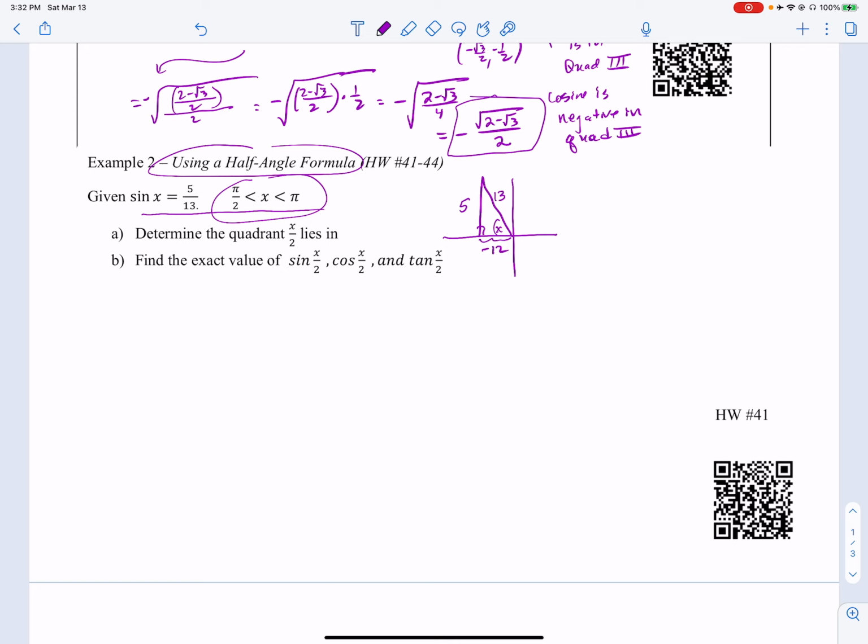But now we're using a half angle formula, and they want you to evaluate these. So there's this question: if x is in quadrant 2, what quadrant is x halves in?